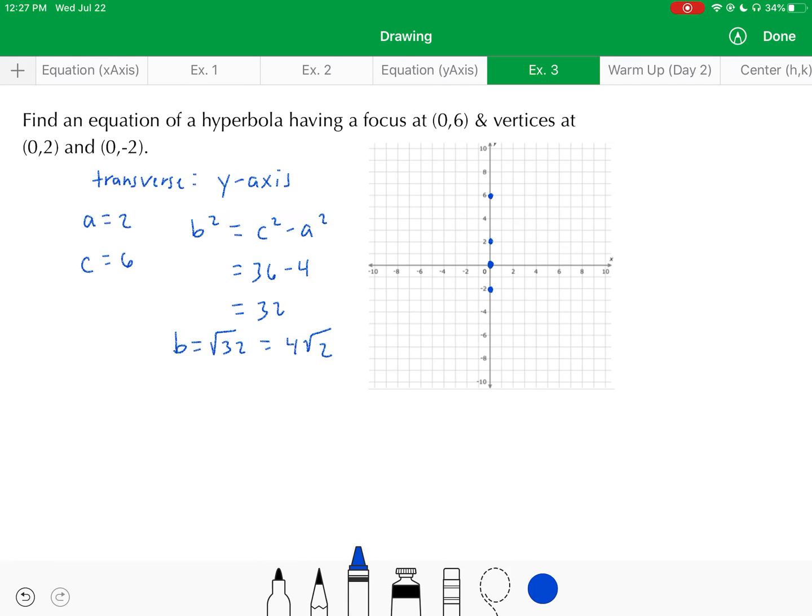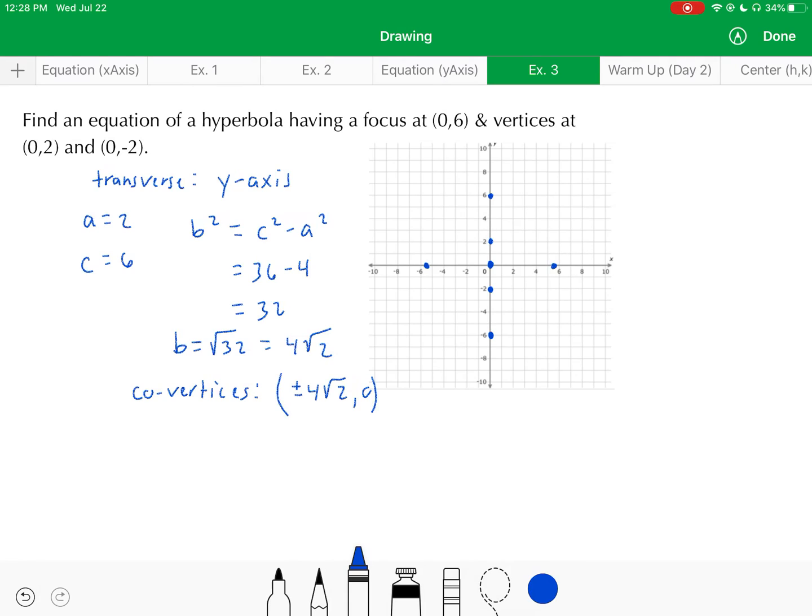So my co-vertices would have to have coordinates of plus or minus 4 radical 2, 0. So let's plot those. Those are a little bit smaller than 5 units to the left and to the right of your center. Then the other thing I need is my second focus point, which is down at 0, negative 6.